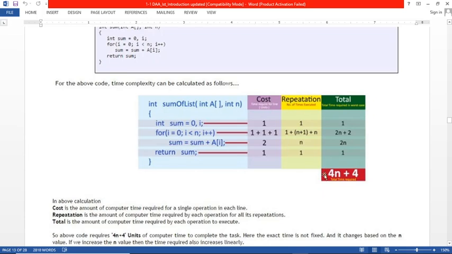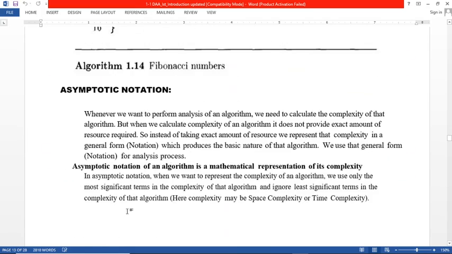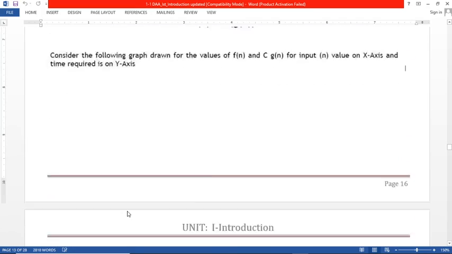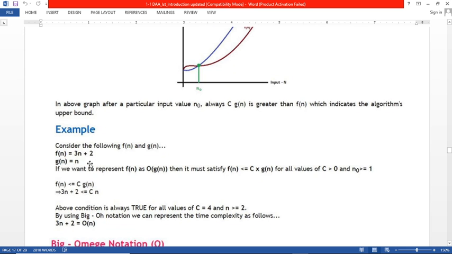This is the time complexity of that algorithm. In the same way we are taking the time complexity here, 3n plus 2. And what is our g of n? g of n is n only. Whatever n value you are going to take, that is g of n.